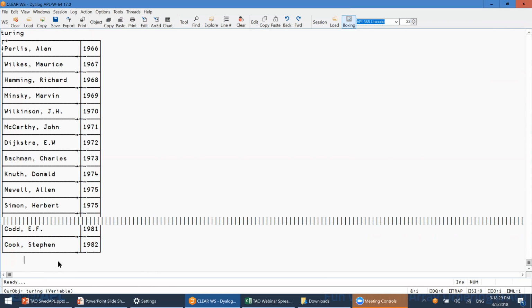And you can see it is a rather complicated matrix really, because the left column consists of character vectors, and the right column consists of numeric scalars. So it is uneven in its nesting level, and it is inconsistent in its data type.